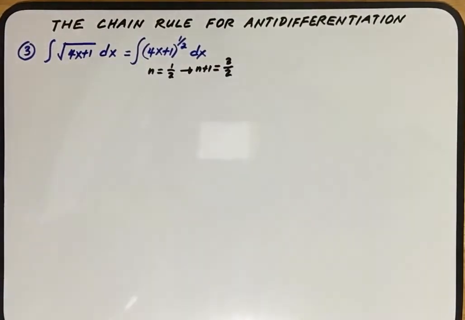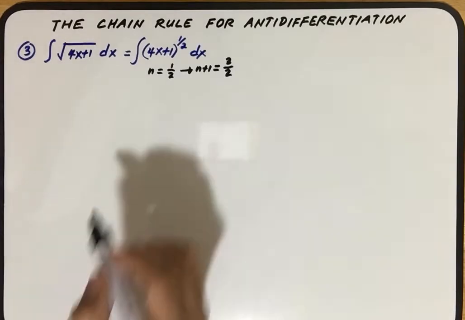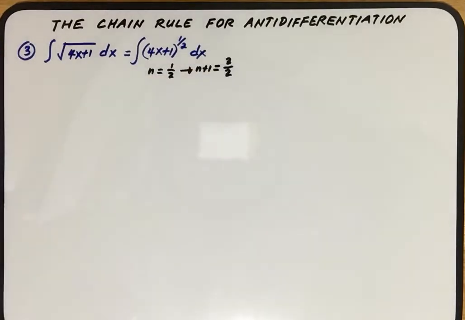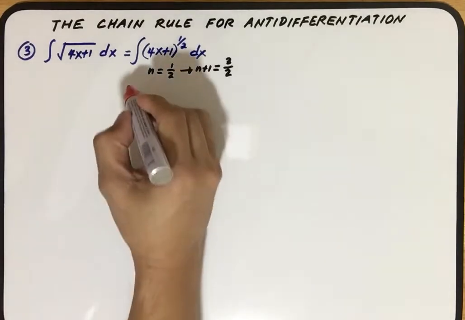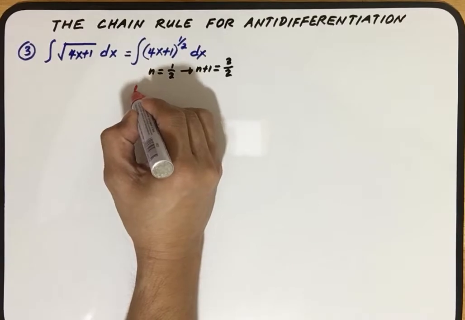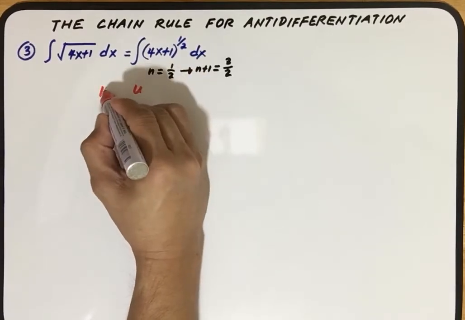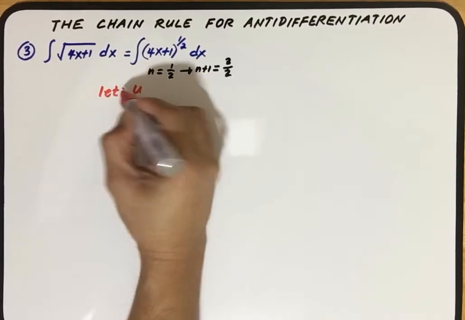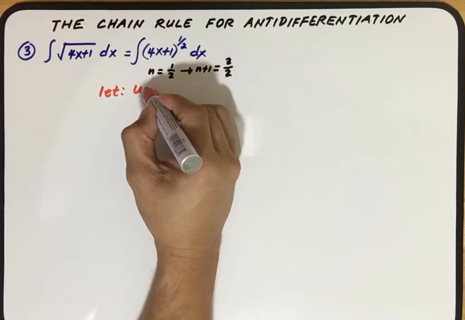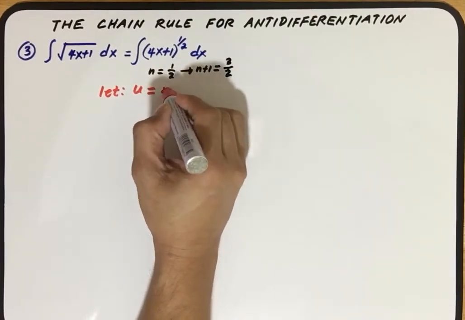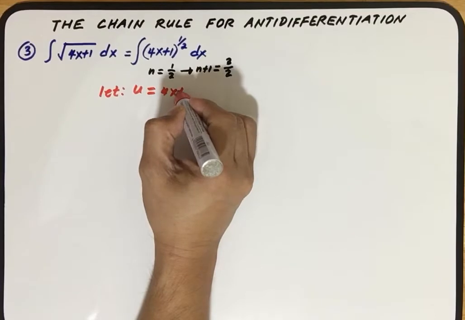Then after that, we identify what our u is. We can let u be equal to 4x plus 1.